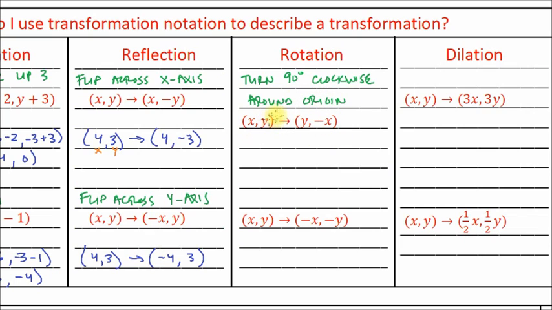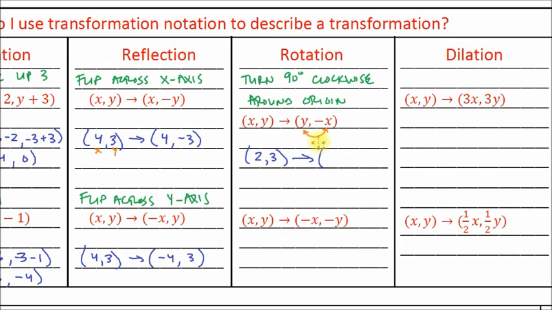Here's our example. We've got (x, y) being changed to (y, negative x). This describes a 90-degree clockwise rotation around the origin. Let's do an example and see how that looks. If I had an original point of (2, 3), now here's the part that might be tricky for you. Notice that the y and x values are getting flipped around.